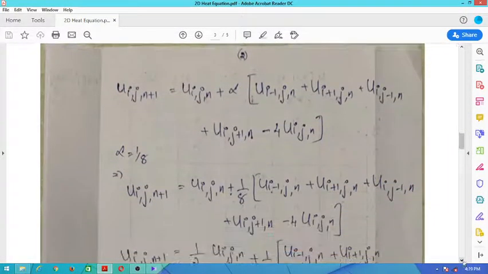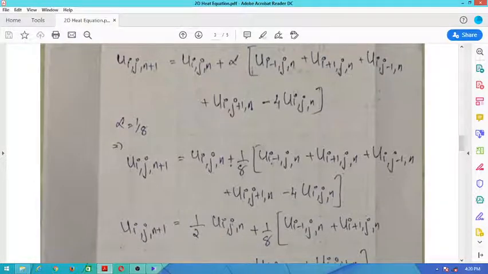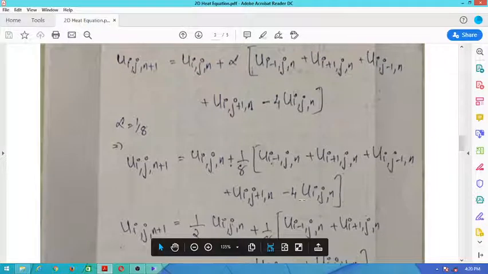We substitute in this equation. We get u_ij,n+1 = u_ij,n + 1/8 times the other terms. We can see that there are two terms of u_ij,n. The coefficient of u_ij,n here is 1 and the coefficient here is −4/8, which is −1/2. 1 − 1/2 is 1/2.